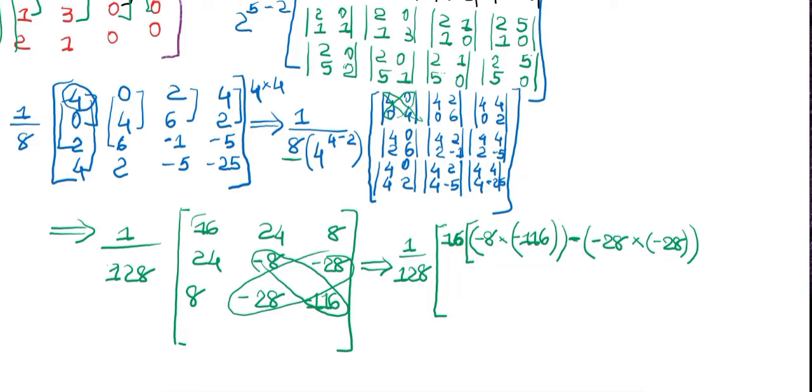You can easily solve it in the calculator if you don't want to do it manually. Then sign change, and minus 24 into, that is the first row second element, and then it will be 24 into minus 116 minus 28 into 8.